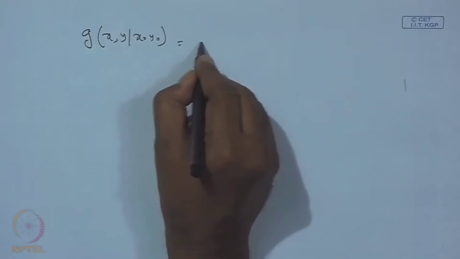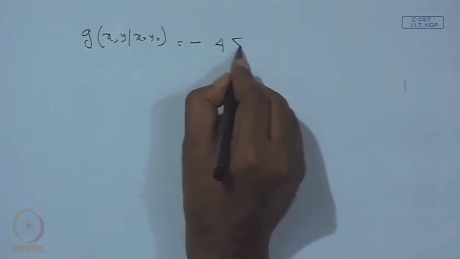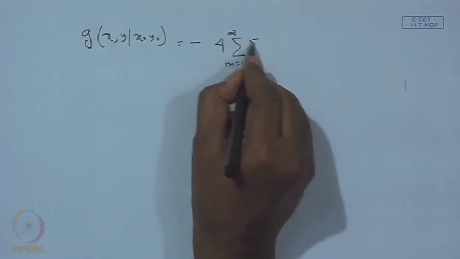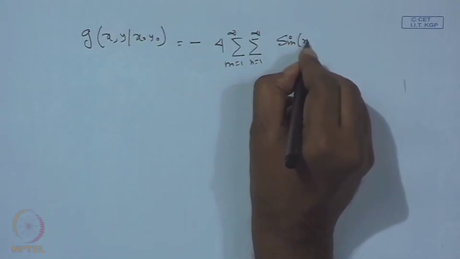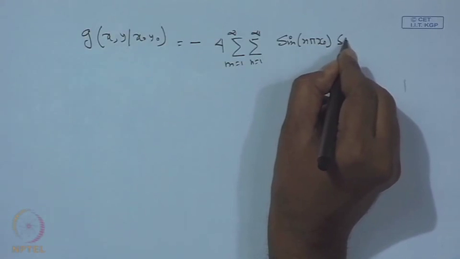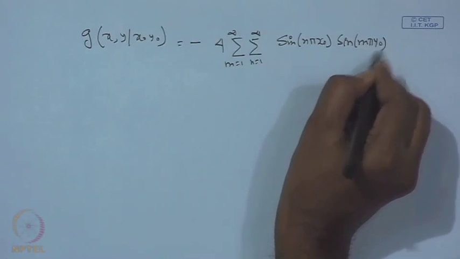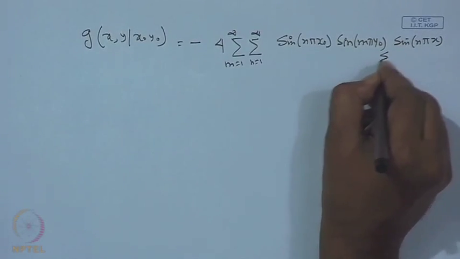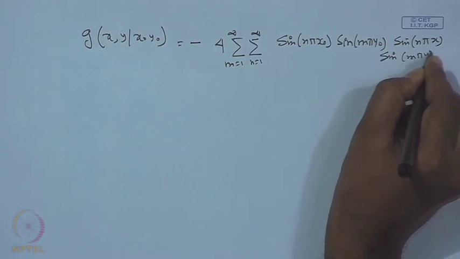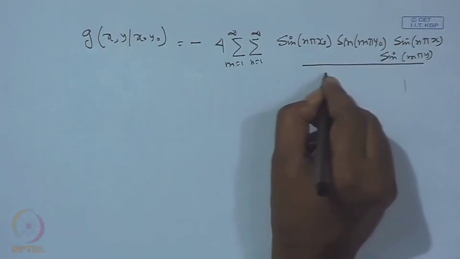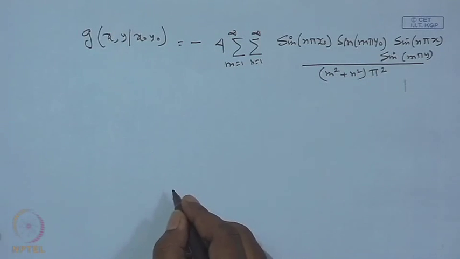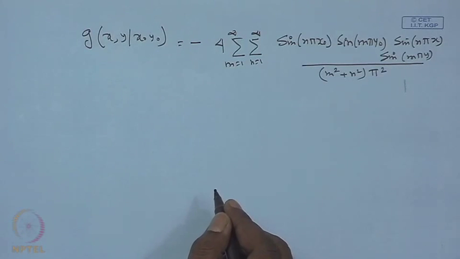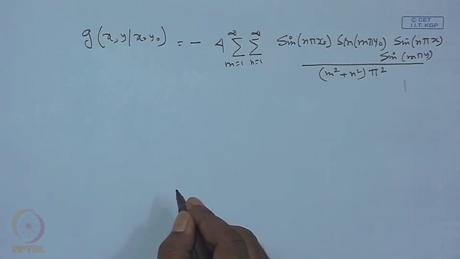If you look into the expression of g, this will be 4 times the summation over m equal to 1 to infinity, summation over n equal to 1 to infinity, of sin n pi x naught sin m pi y naught sin n pi x sin m pi y divided by (m square plus n square) pi square. So, that is the Green's function. Now, we look into these 5 integrals one after another.